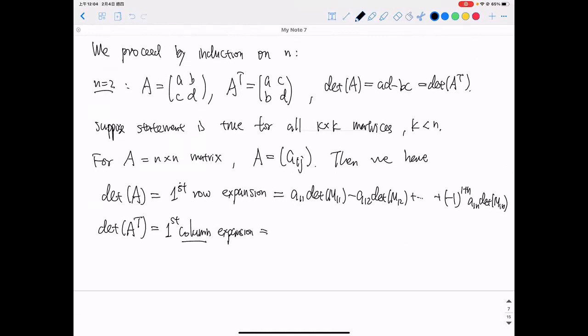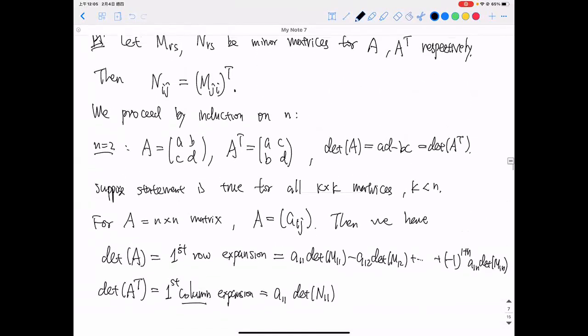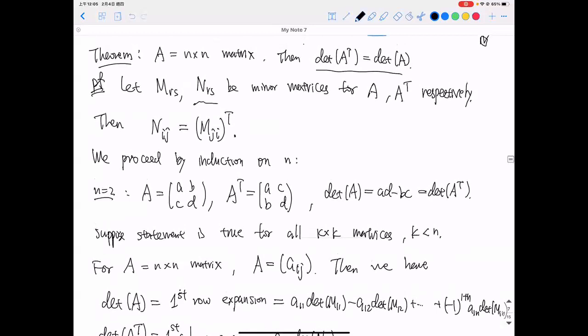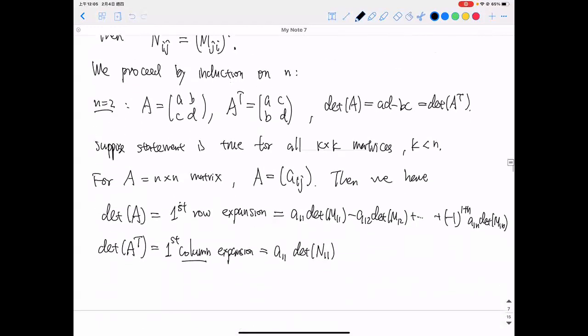And now here's the point. When you do the first column, first of all, the first term is going to be A11 times the determinant of N11. We've called N the minor matrix for A transpose.